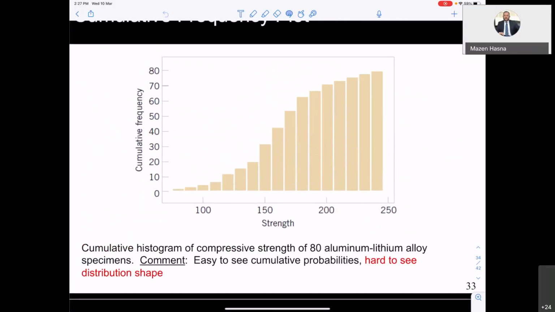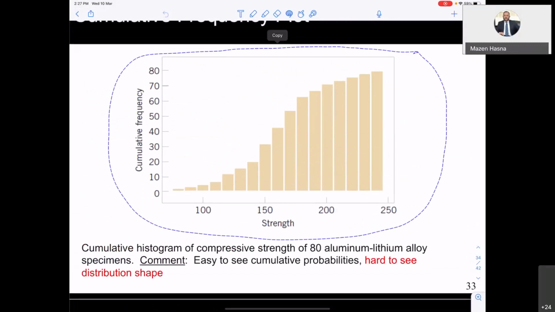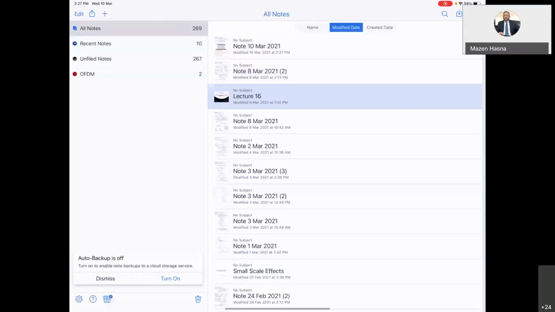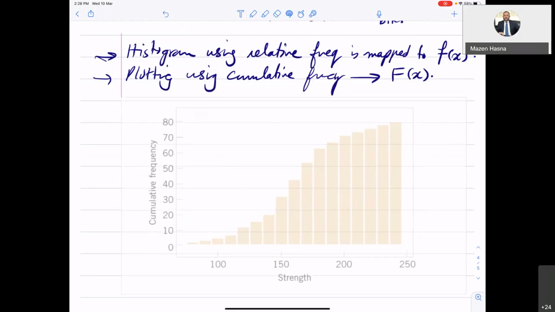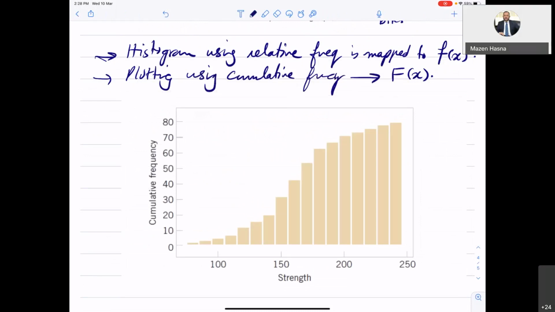So this is the plot if you plot your data using the cumulative frequency. All these figures are from your book. And this is, if you remember, cumulative frequency F of x.